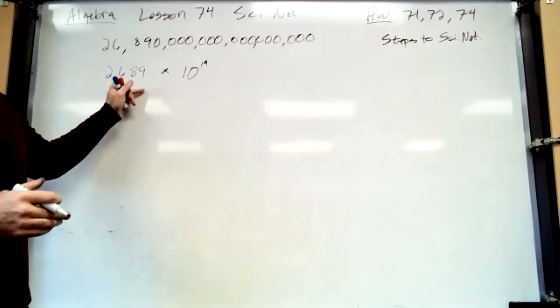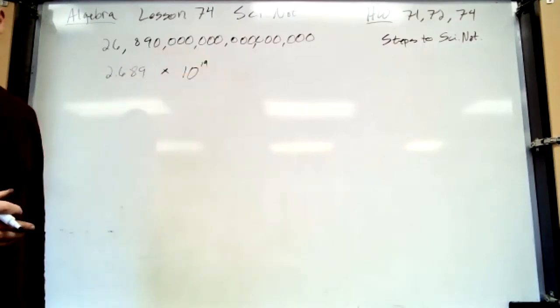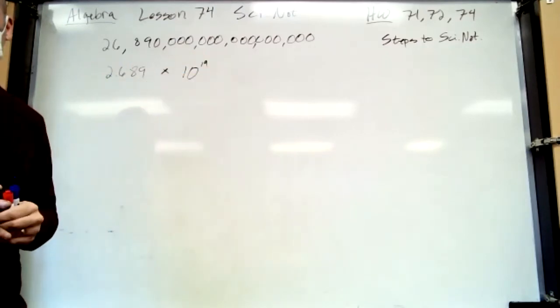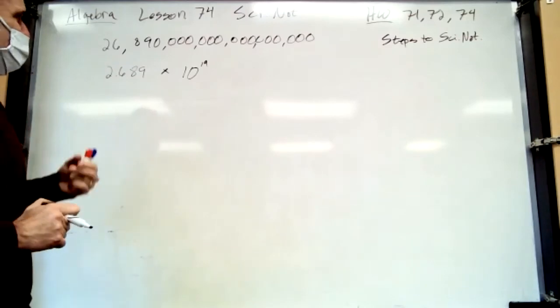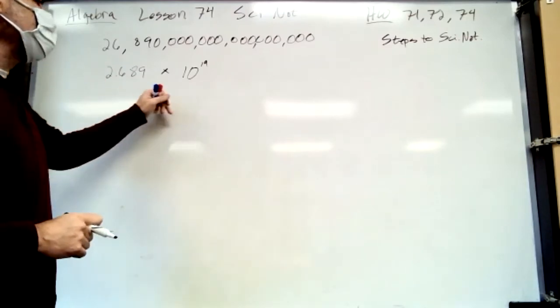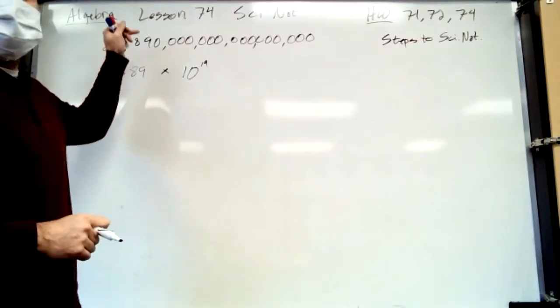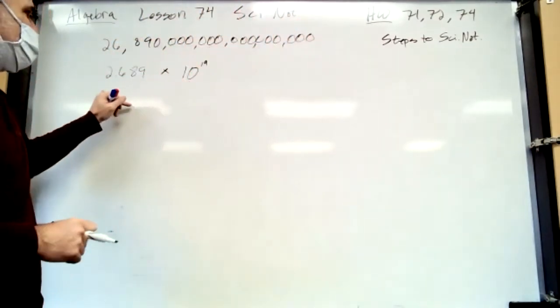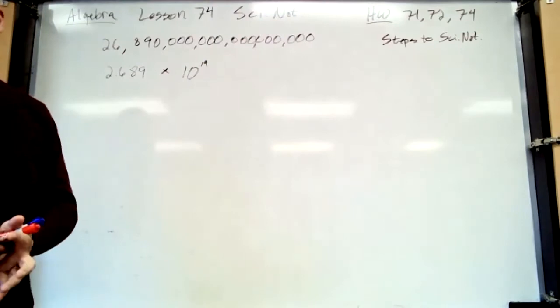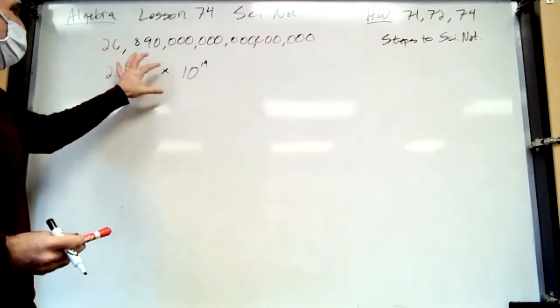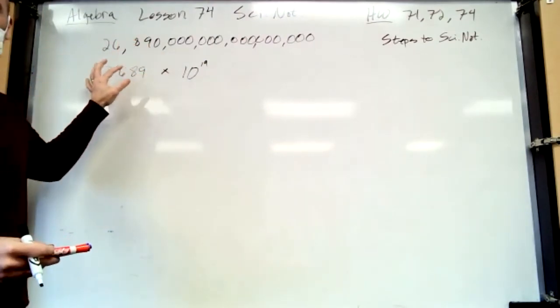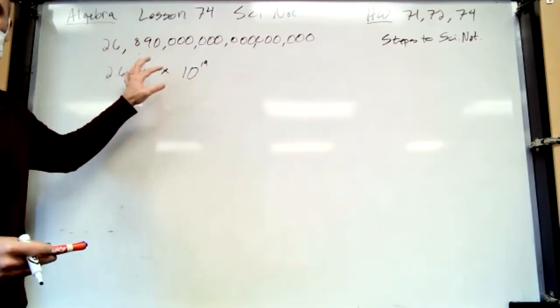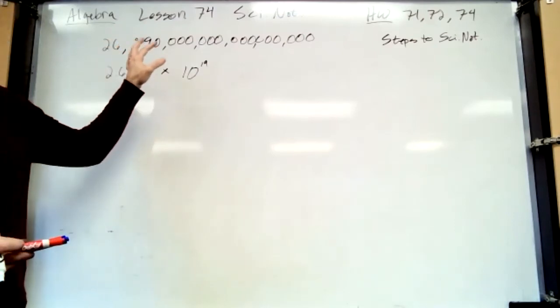If you were to move the decimal there and then not multiply by a power of 10, that's wrong. You're not changing the value. You're just writing the question to a math problem. So this is the answer to the math problem, and you have to write the question. The rule is this number has to be in between 1 and 10. If it's not, you put the decimal in the wrong place.